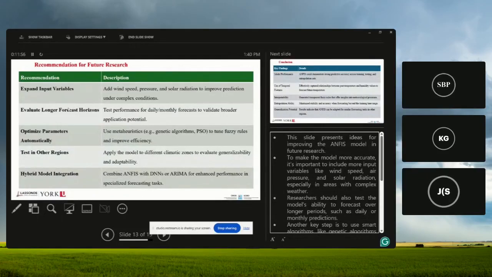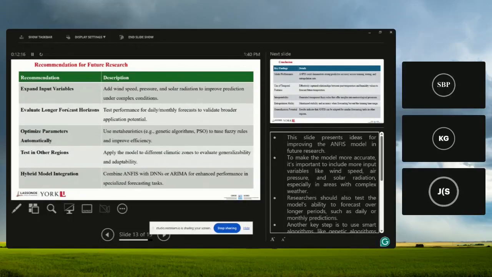So, recommendations for future work: expand input variables. As I told you, we just used relative humidity and temperature, but in future we will add wind speed, pressure, and even solar radiation to improve prediction under complex conditions.